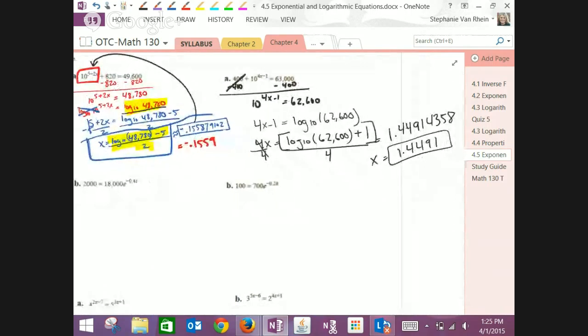You guys agree with that answer? So maybe I don't think I'm doing my calculator right. No, you don't put 10 because it's understood it's 10. I mean, you could do log of 62,600 divided by log of 10, but it's going to give you the same as log of 62,600.